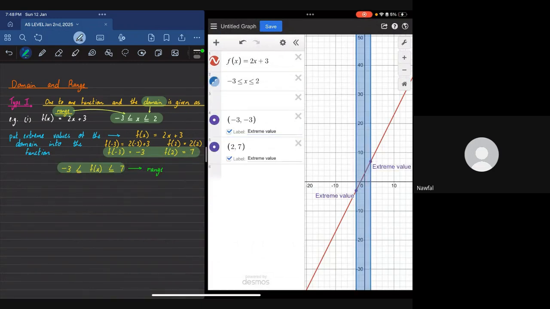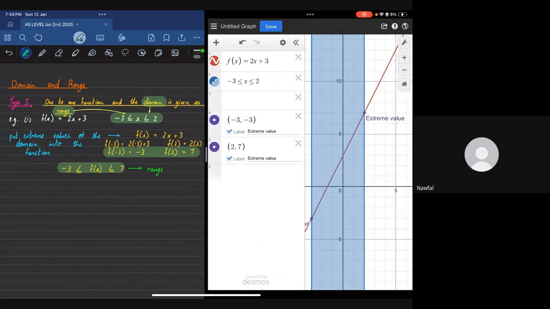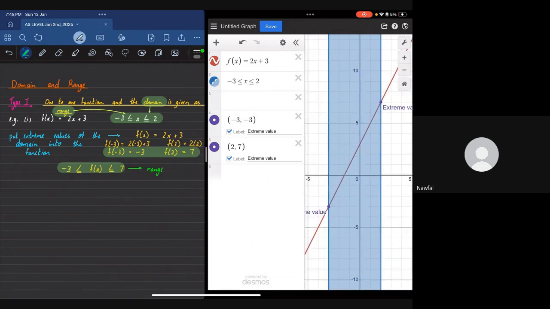These two are my extreme values of my domain. So what is my domain? All the x values that I can choose, the blue line from this to this, is my domain. My domain is from x equals -3 to x equals 2. This is my domain.